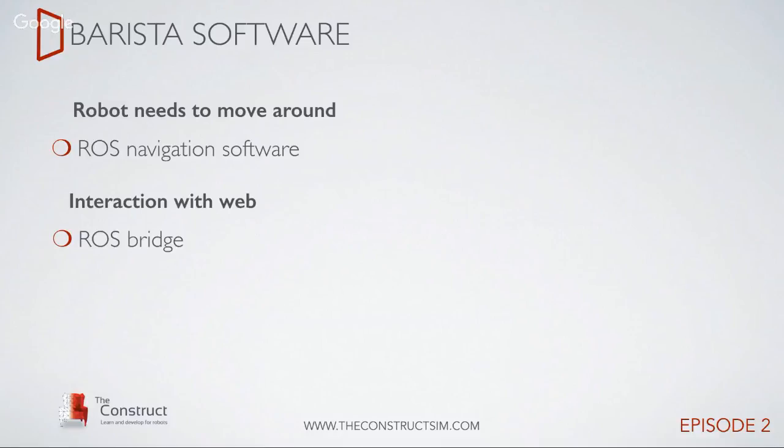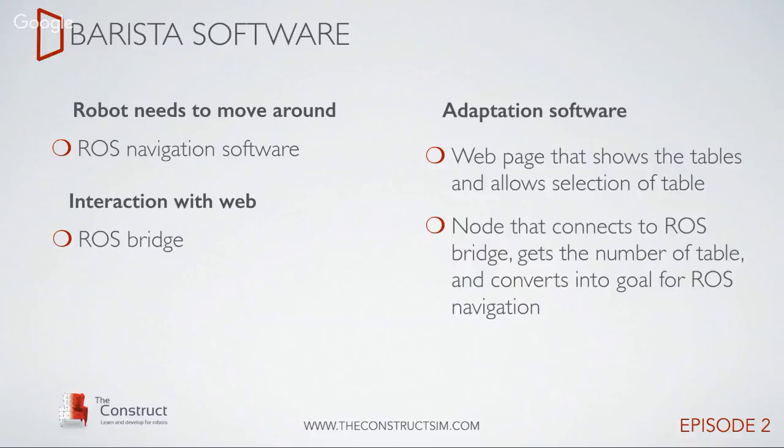For that, we need the ROS bridge. The ROS bridge is the software that captures this touch of the person on the iPad and converts it into a topic call. Once the topic call is there, we have our adaptation software that connects it.